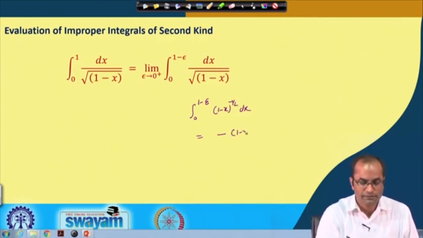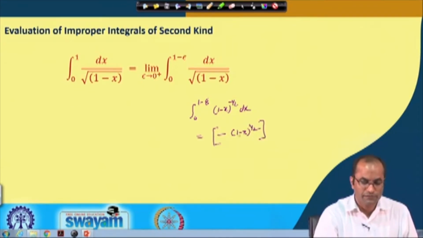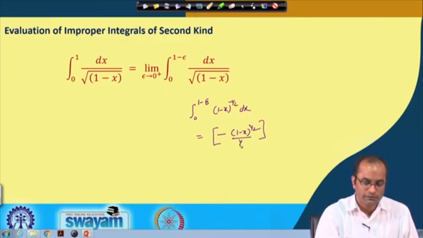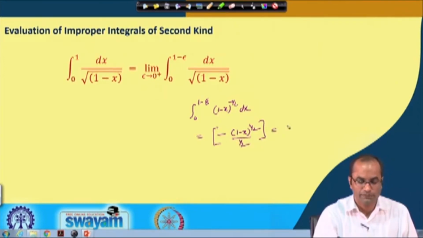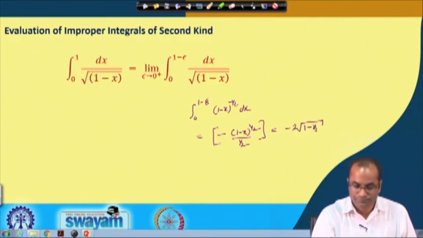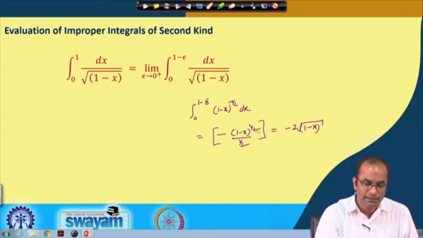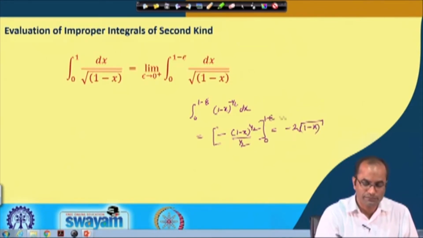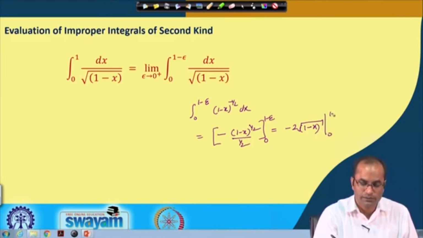So, we have (1 minus x) to the power 1 by 2, or the square root, and this 1 by 2 will also be in the denominator. So, we have here minus 2 times the square root of 1 minus x, and then we have this limit from 0 to 1 minus epsilon.